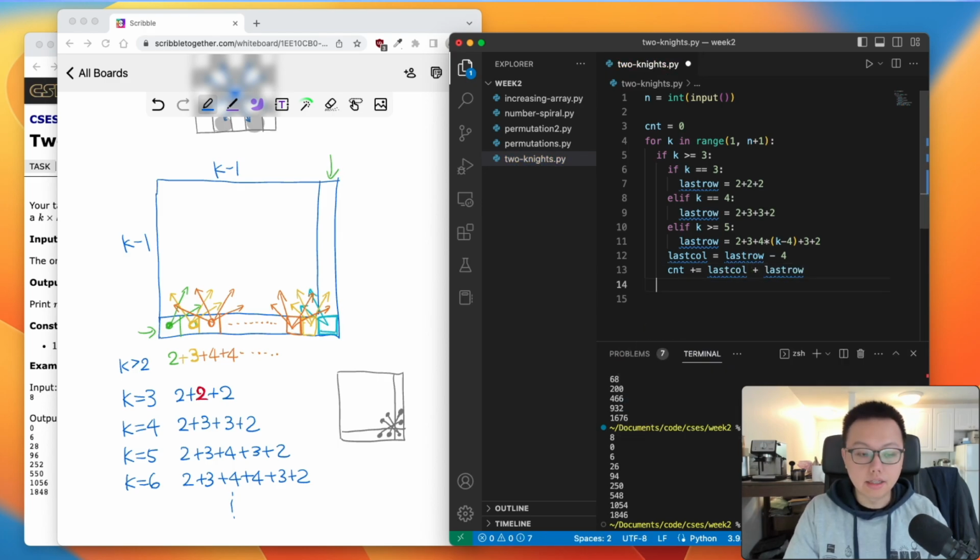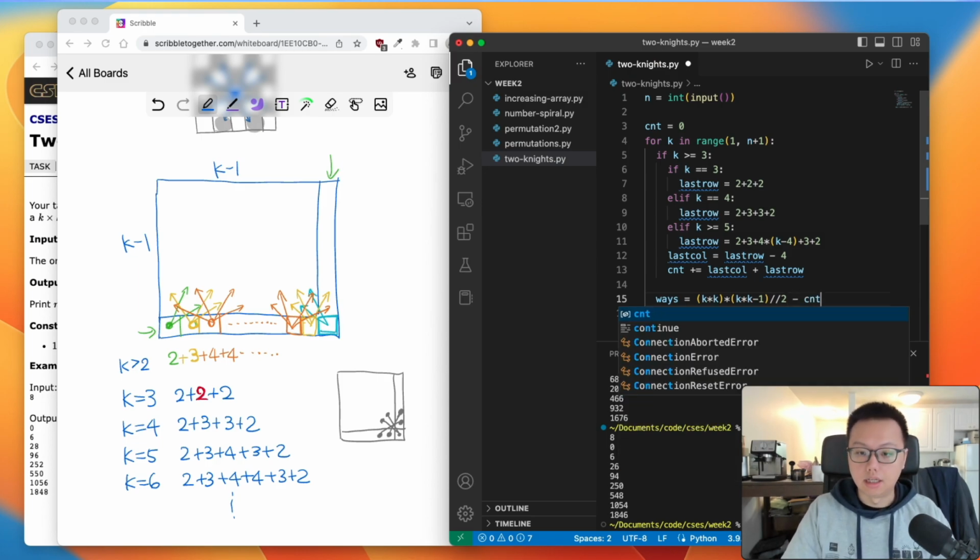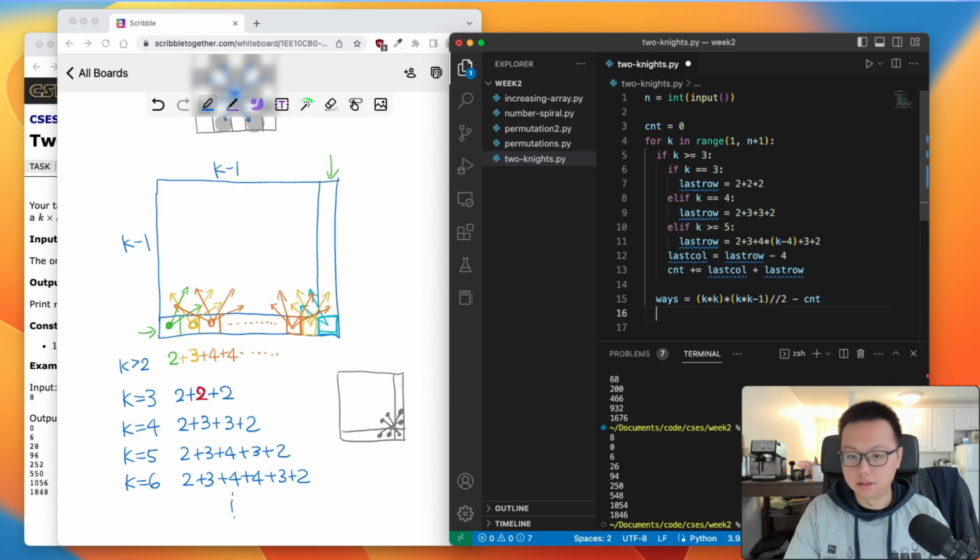At the end, we want to output the number of pairs where they do not attack each other. Therefore, what we will do is count the number of ways equal to k by k chessboard choose 2, so it's k by k times k by k minus 1 divided by 2, and subtract the number of counts that we just obtained.